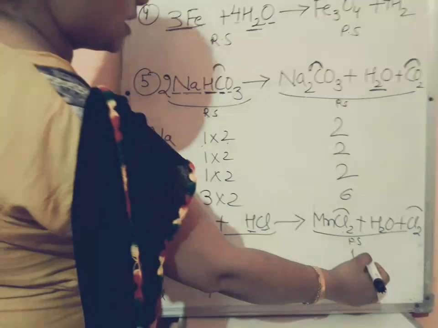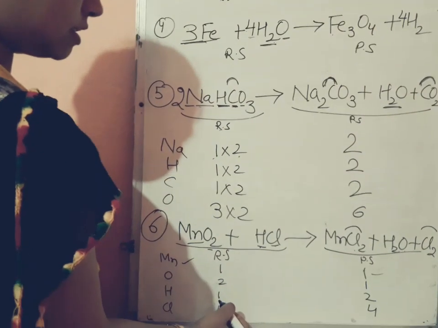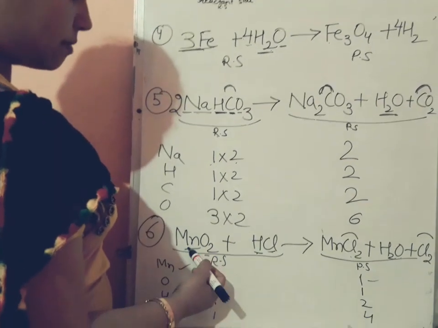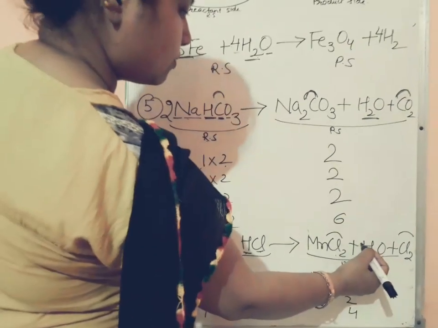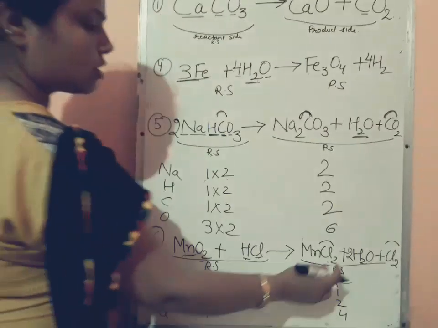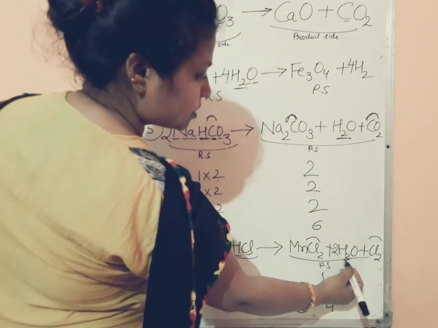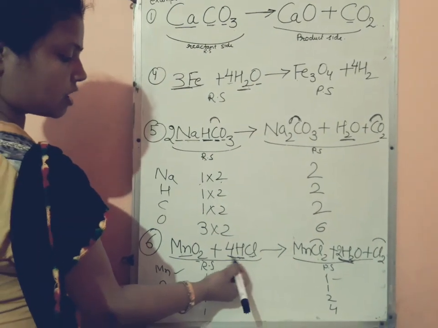So manganese is balanced. Oxygen 2, 1. Look here how we will balance it. Manganese 1, 1. Oxygen is doubled, so we will write 2 here. Now hydrogen becomes 4, so we will write 4 here. Hydrogen is now 4.